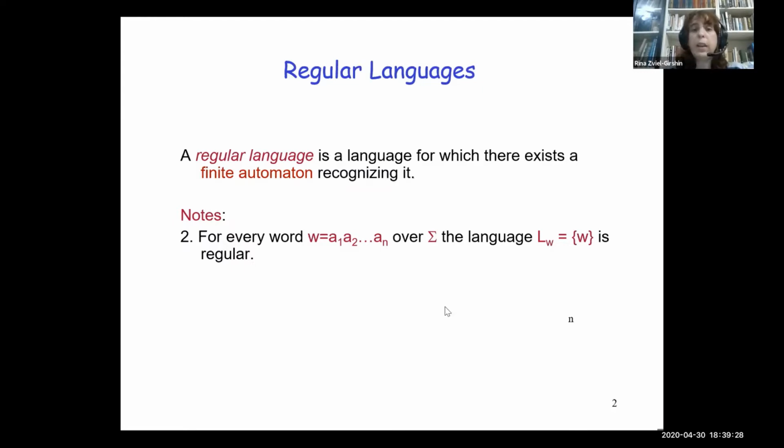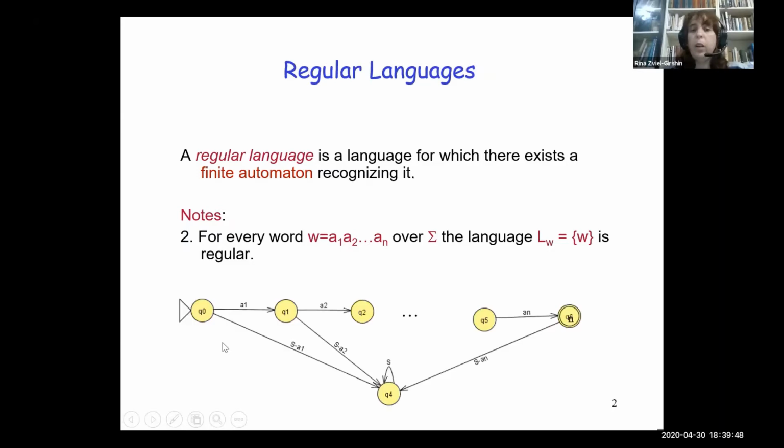So let's start to analyze. I will start building the automaton from the state Q0. And on the first letter, where should I move? A1. Okay, so let's see the automaton. I don't know the length of the word. I know that it has n letters, but n is a variable.